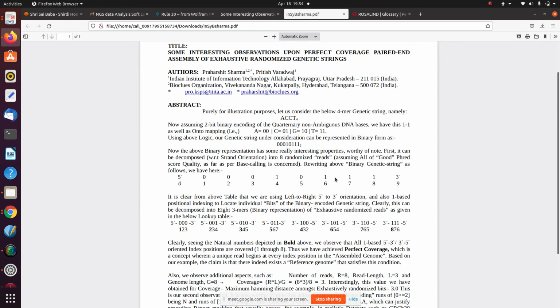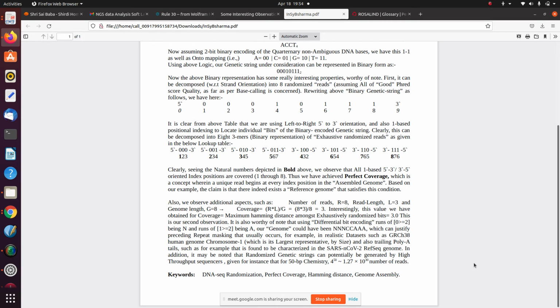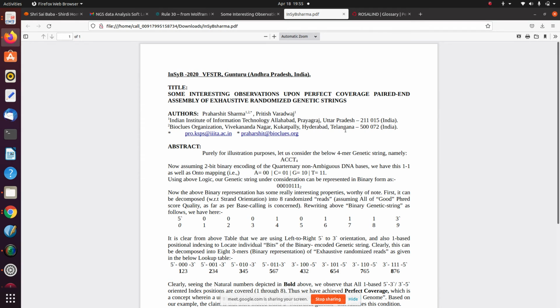Coverage is 3x. So the interesting observation that we made is, if we assemble perfect coverage of randomized strings, potentially coverage will be equal to the maximum Hamming distance. This is a fundamental result. So this has been validated by me only for this type of strings, binary 3-bit strings.